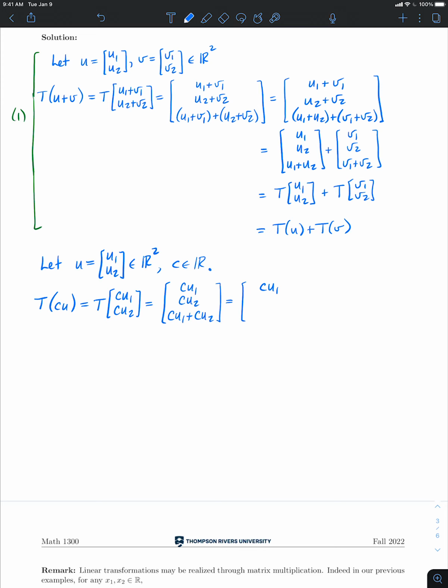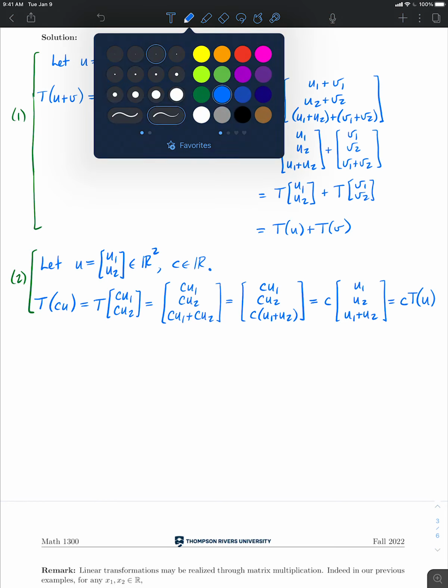So I can write this as cu1, cu2, c times u1 plus u2. And then I can pull out the c. So I've got c times u1, u2, u1 plus u2. And this vector is exactly t of u. Since I only have space for one more step, I'm just going to write that this is equal to c times t of u. Okay, so that's the completion of our verification for the second condition.